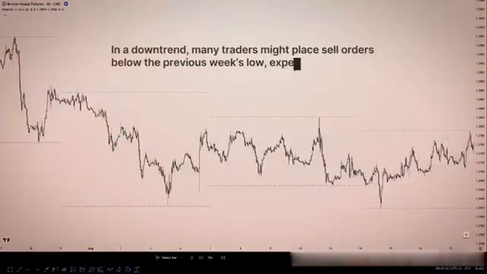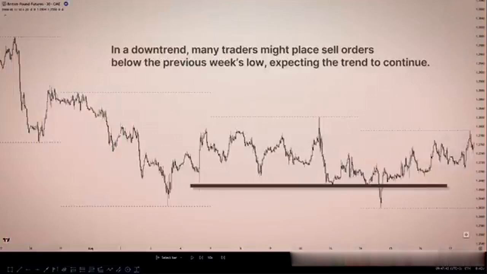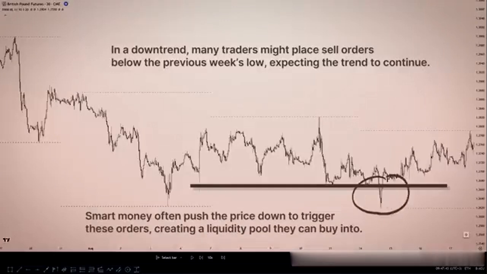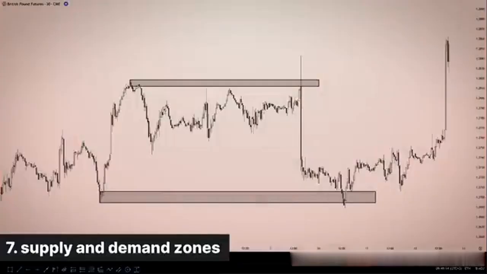For example, in a downtrend, many traders might place sell orders below the previous week's low, expecting the trend to continue. Smart money often push the price down to trigger these orders, creating a liquidity pool they can buy into.